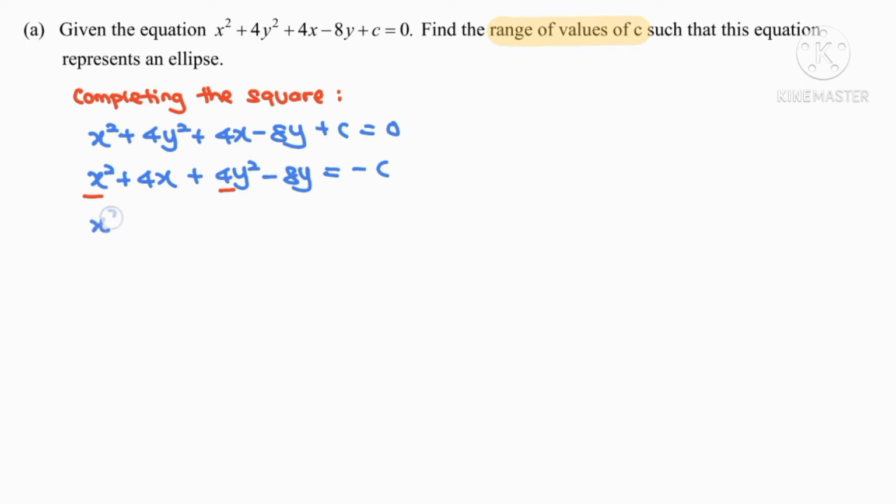So x squared plus 4x plus, over here we have to factor out 4, so as to make the coefficient of y squared 1.